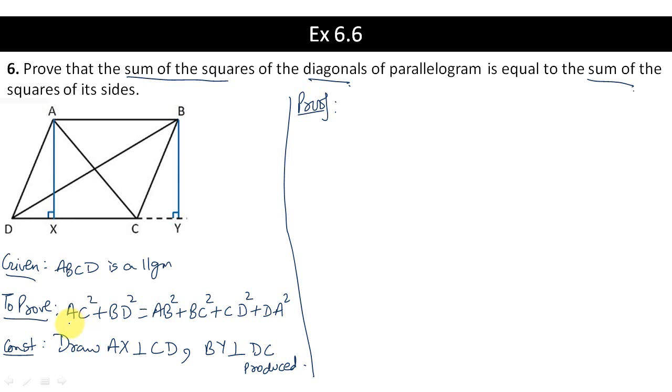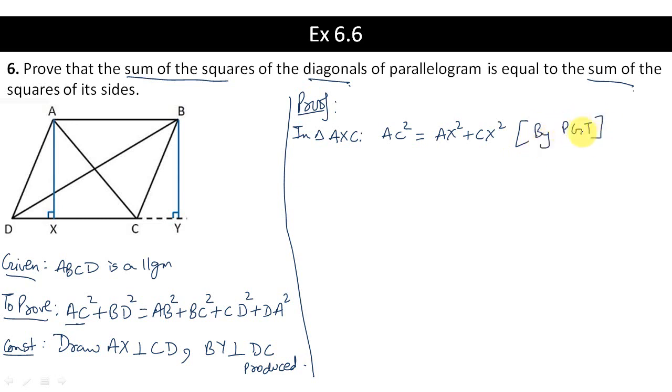Now we need AC square and BD square in the left hand side. So we'll consider the triangle AXC to get this AC square. In triangle AXC, AC square is AX square plus CX square by Pythagoras theorem.